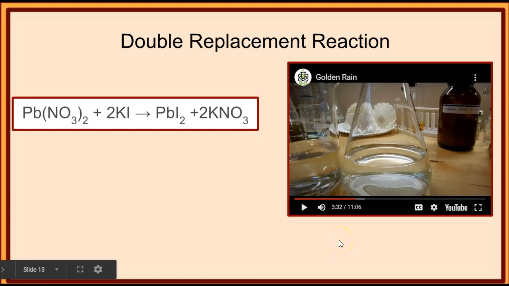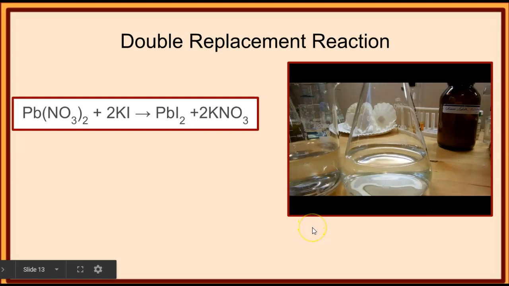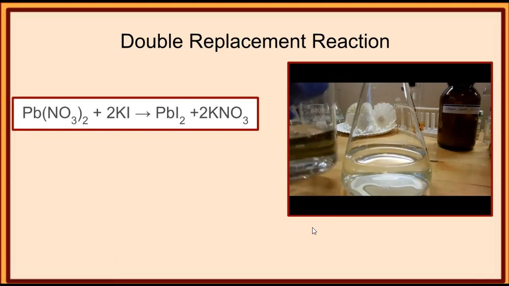We'll skip ahead in the video to show the reaction when he pours the lead nitrate into the potassium iodide solution. Let's take all the rest of the potassium iodide and add it directly to it. This should be pretty cool.